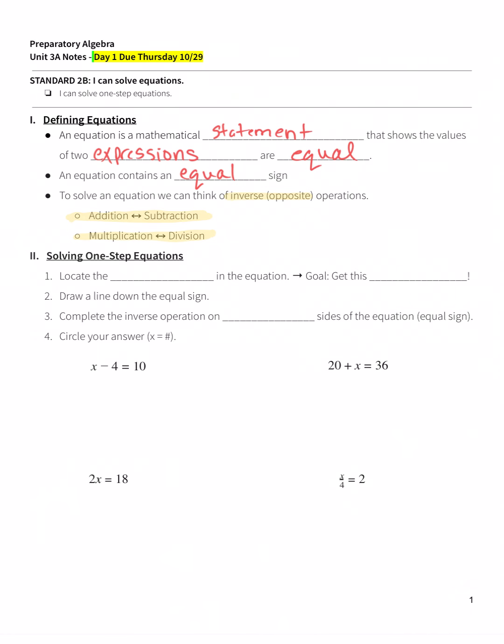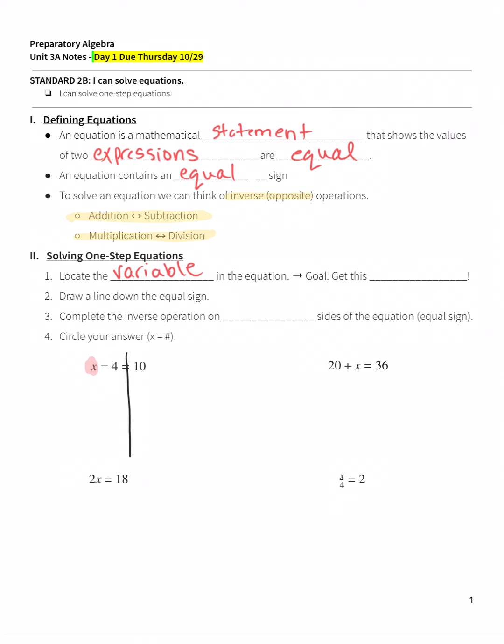So how do we solve one-step equations? The first thing you do is you locate the variable in the equation. So here I locate the variable. Next, we're going to draw a line down the equal sign.